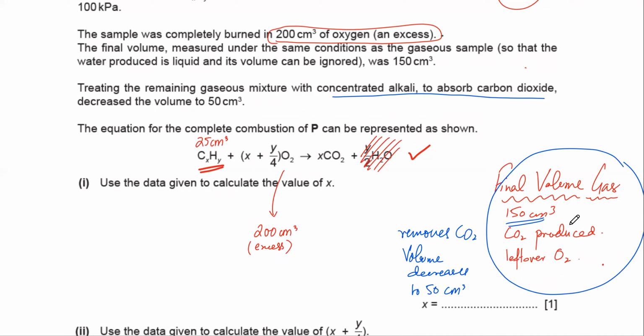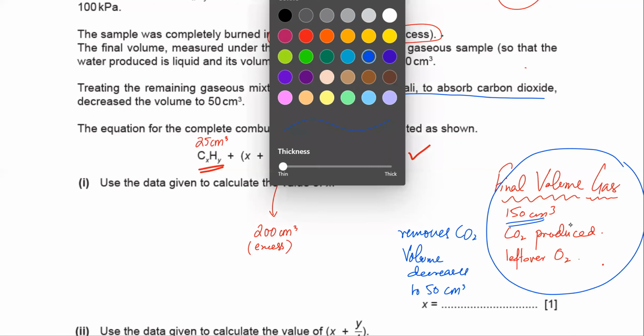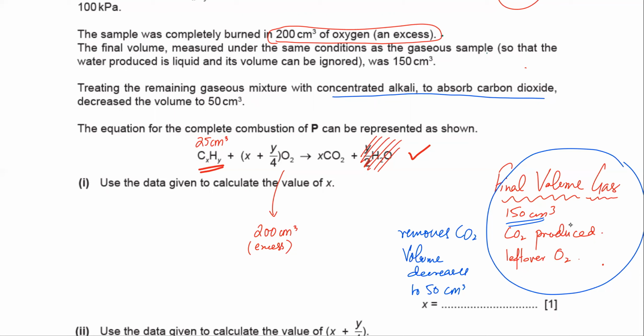Okay, so it's going to be 100. So that means the amount of carbon dioxide is actually 100 cm cube.